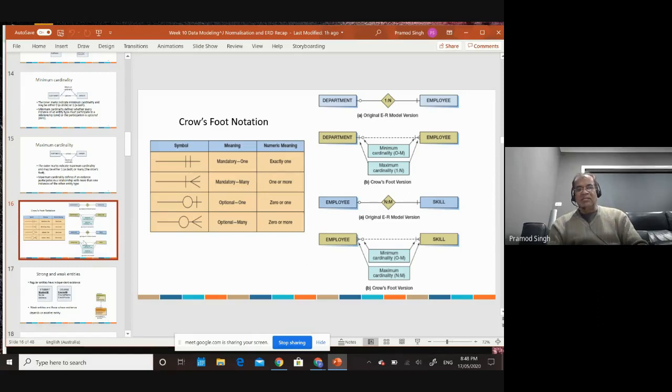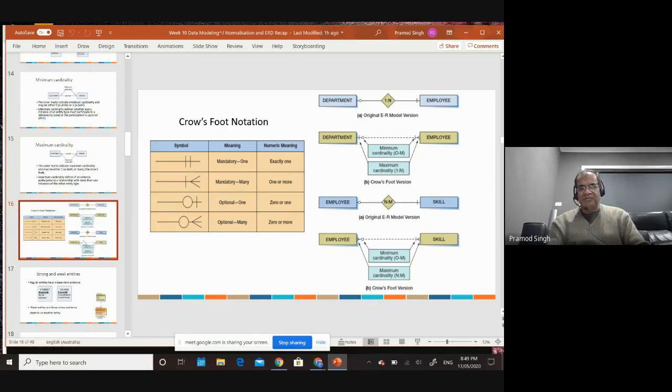The one-to-many relationship is given with the cardinality and minimum cardinality, particularly in the top, the original model. But in the crow's foot version, it is shown in a better way. Department and employee have minimum cardinality and maximum cardinality on both sides. So the original diagram and the crow's foot version have somewhat different presentations, and the crow's foot version is quite detailed in explaining the relationship between the two entities.